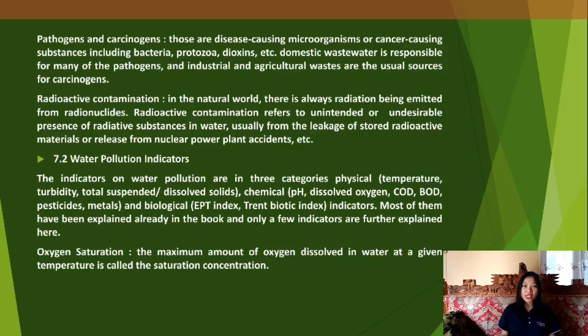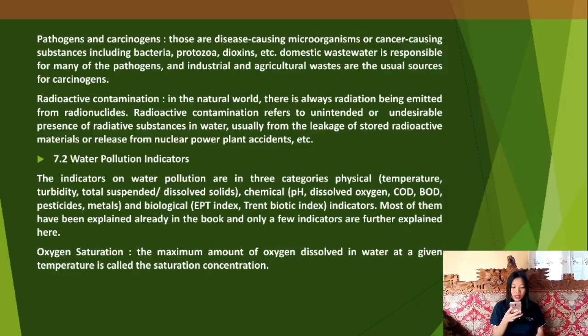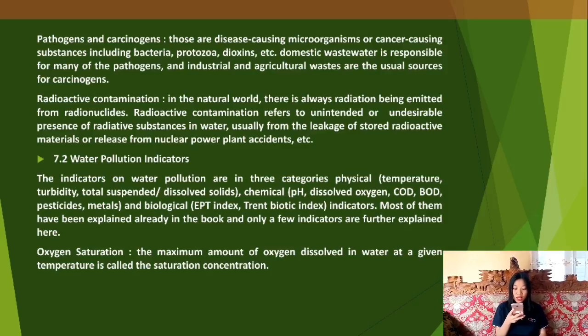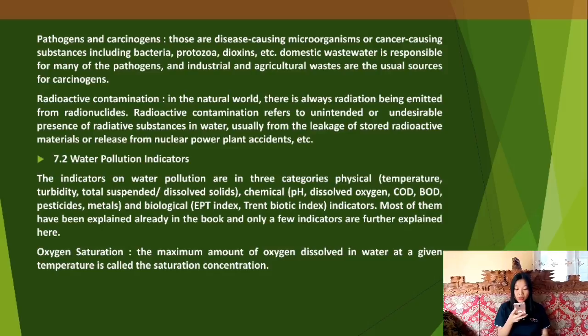7.2 Water pollution indicators. The indicators of water pollution are in three categories: physical: temperature, turbidity, total suspended or dissolved solids; chemical: pH, dissolved oxygen, COD, BOD, pesticides, metals; and biological: APT index, saprobic index.